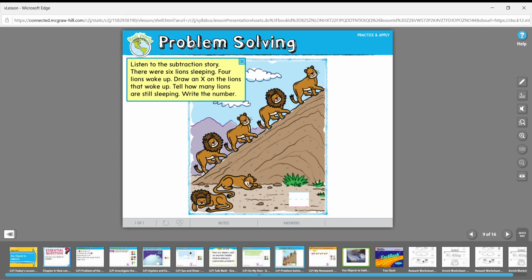Draw an X on the lions that woke up. So let's do that first. Draw an X on the lions that woke up. 1, 2, 3, 4. They look like they had a nice nap. They're all smiling. Then tell how many lions are still sleeping. So let's count them. 1, 2. Write the number. Okay, so that's how you do Chapter 6, Lesson 2 for the math packet.